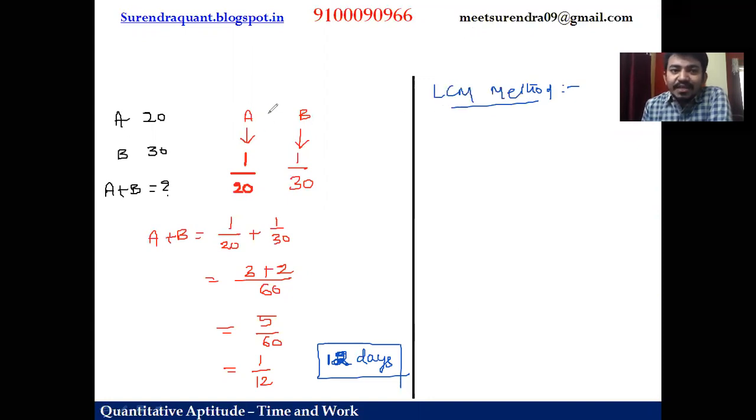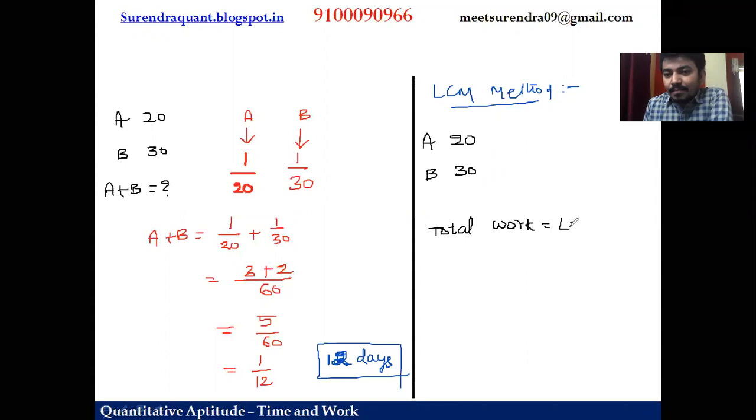Now we have the situation, A can finish the work in 20 days and B can do the same work in 30 days. First of all, do you know how much work they were doing? We don't know, right? So to find out the total work, try to take the LCM of the persons, whoever are doing the work.